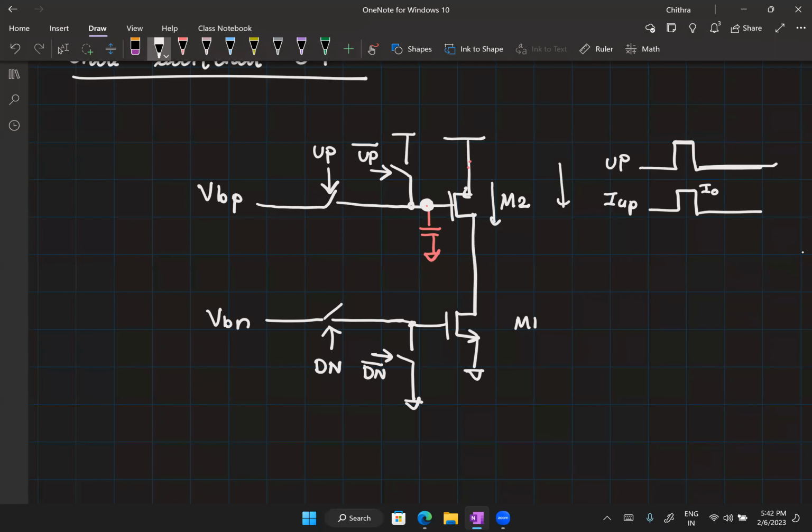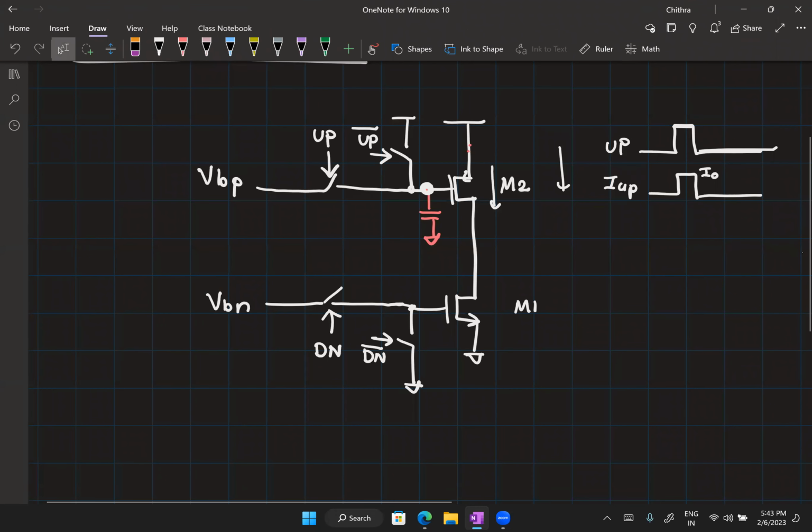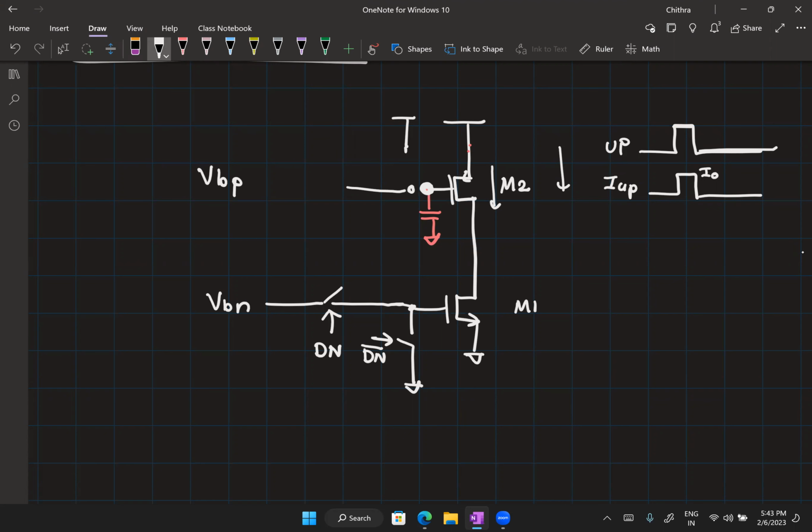Okay. So now we have to replace these switches with transistors. So help me out here. What switch should I connect here? So I have 3 options, NMOS, PMOS, or a transmission gate. This should be easy, right? What switch should I connect here? PMOS, because we are going to conduct VDD. So this is PMOS.